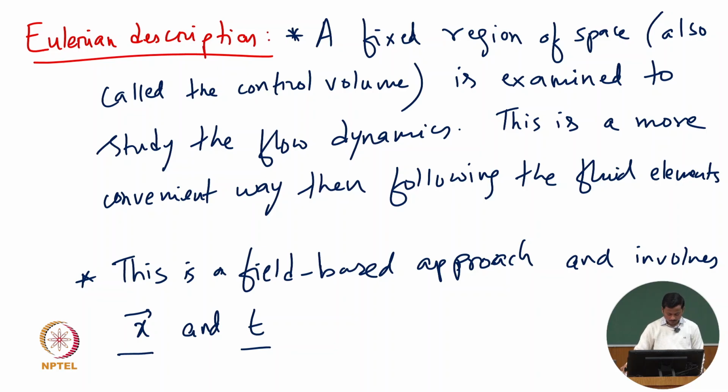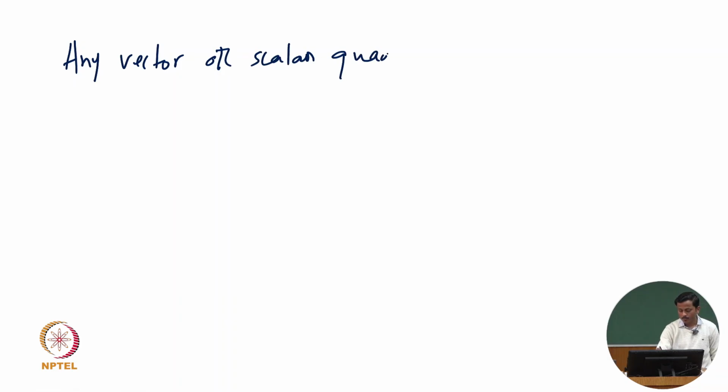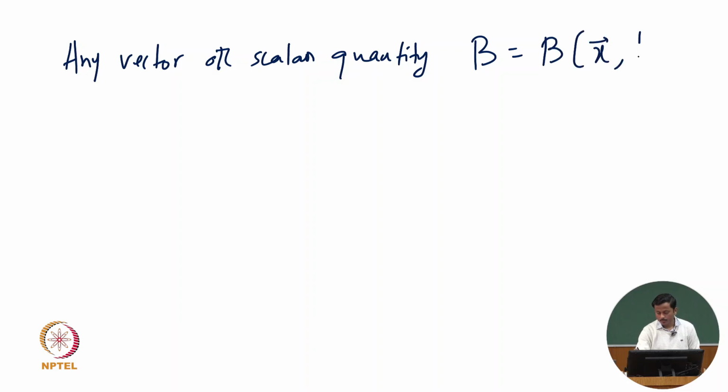So any vector or scalar quantity, for example, let's say B, can be represented as B, which is a function of the spatial coordinates and time. So this is a field variable, that is, it has a spatial and a temporal dependence.